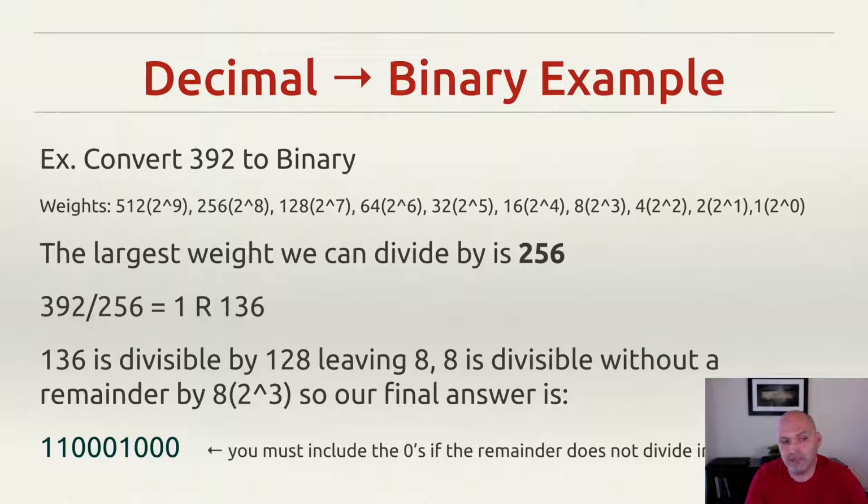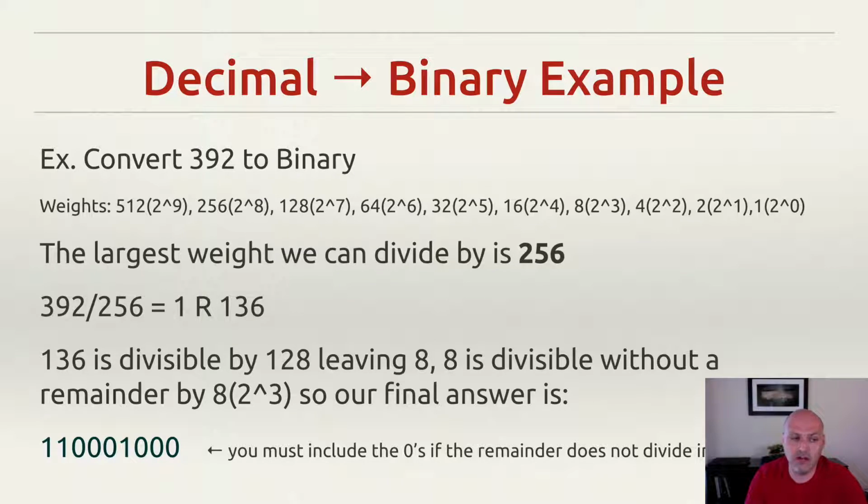Let's start with the example 392 in base 10, and we're going to convert this to binary. I purposely have started us with a weight that's too large, being 512. The first weight that can be used is 256. So if we have 392 divided by 256, that would give us a 1 and a remainder of 136.